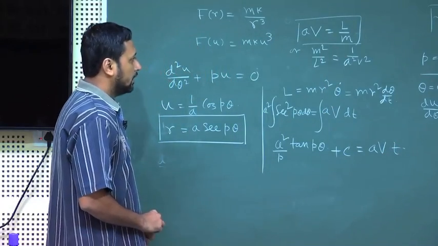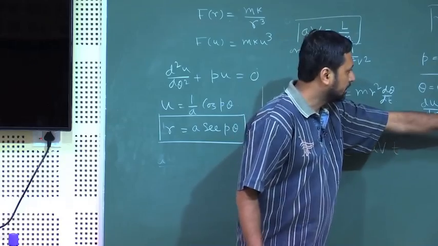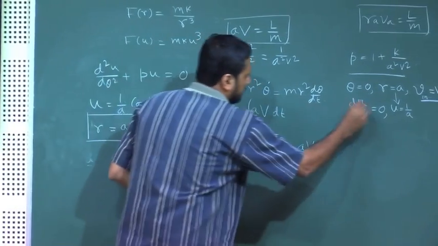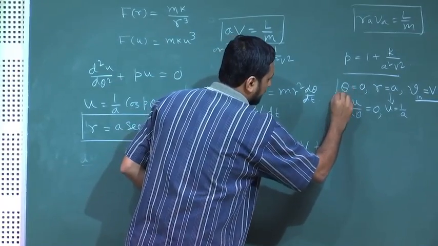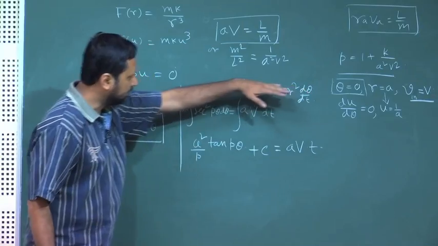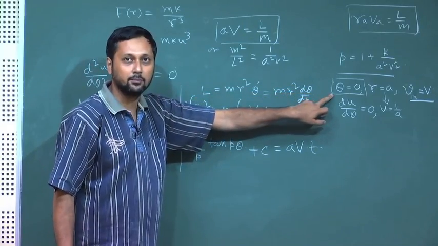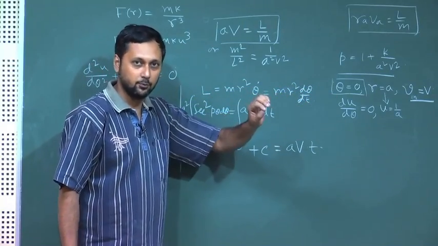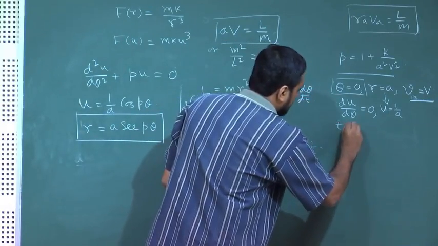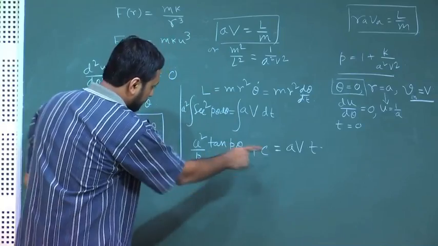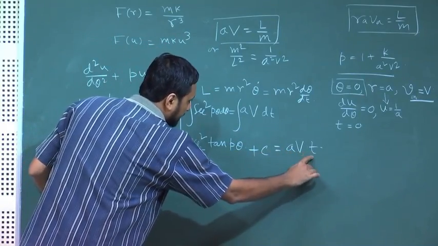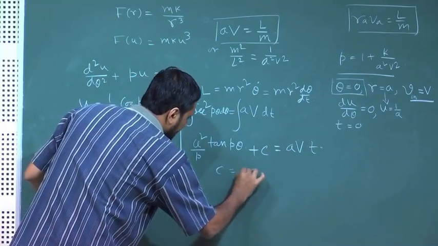Oh, actually we do not need this relation explicitly, because the first relation itself is sufficient at theta equal to 0, and so we assume that the projection has taken place at the initial point. So, at initial point theta was equal to 0 at t equal to 0. If we put theta equal to 0, t equal to 0, we get c equal to 0.